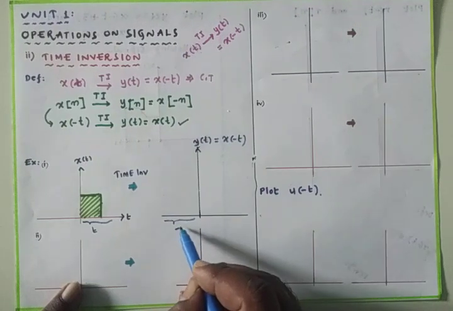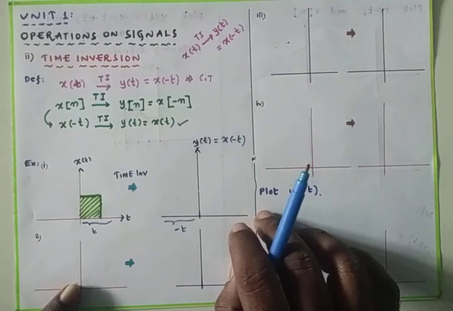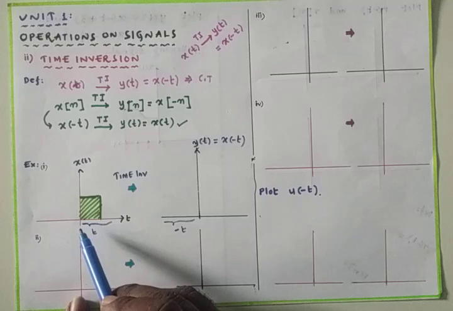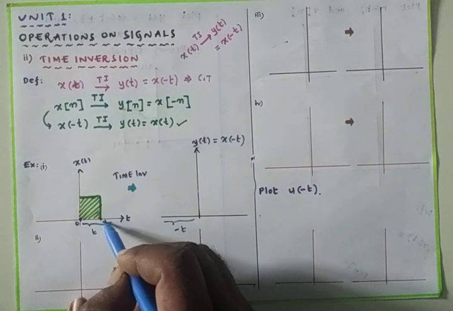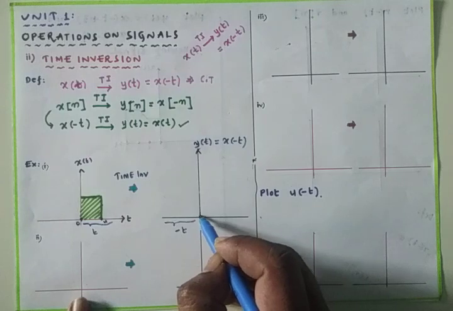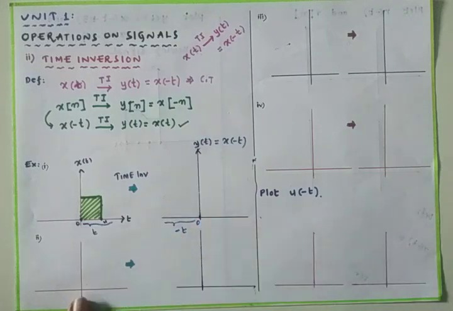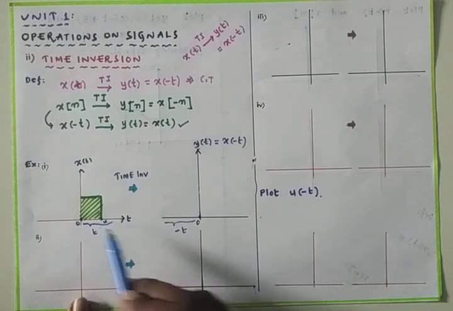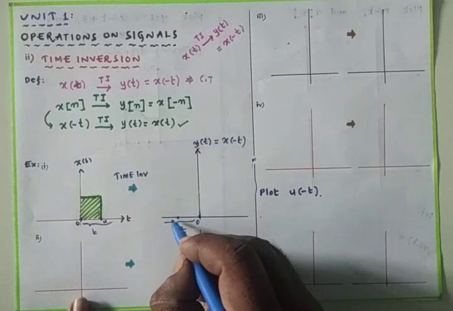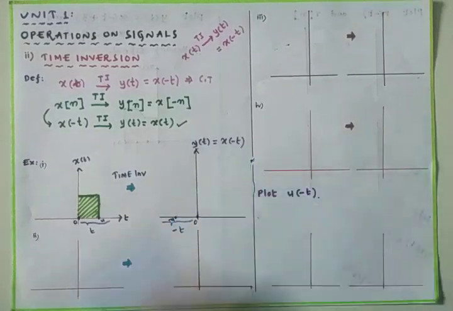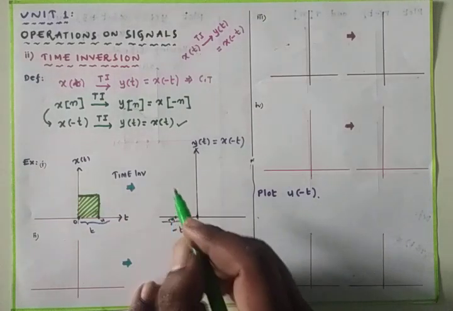For example, here the signal is there from 0 to 4 seconds. The same signal has to be there where t is replaced by minus t, so that it is 0 to minus 4. Simply you can get the signal due to the time inversion operation.